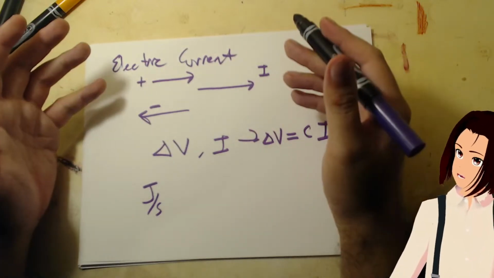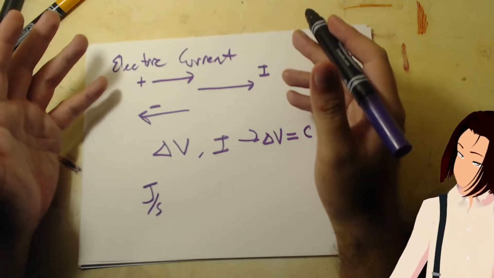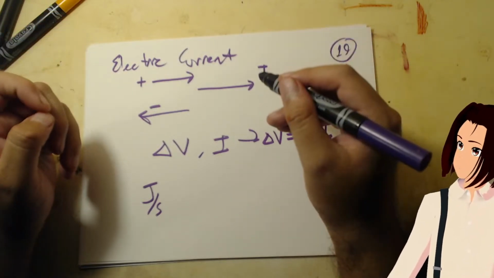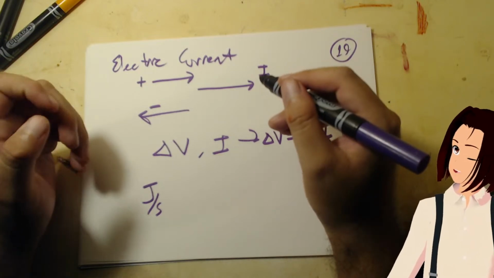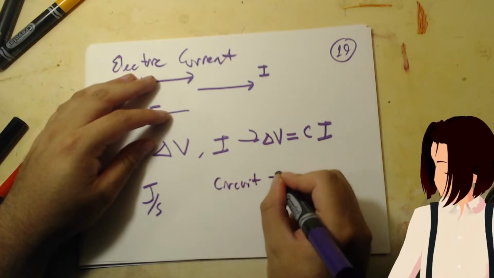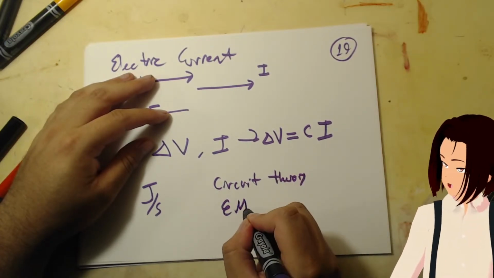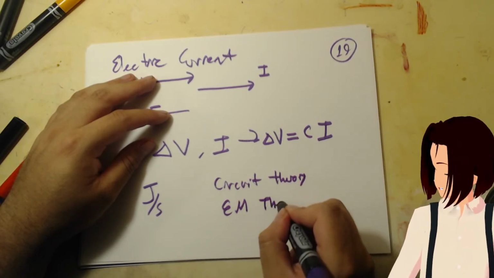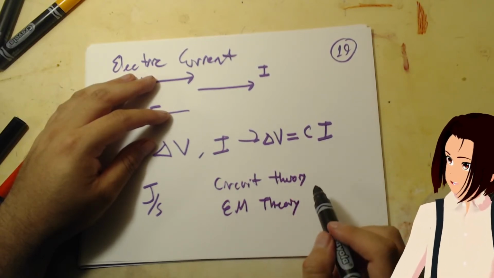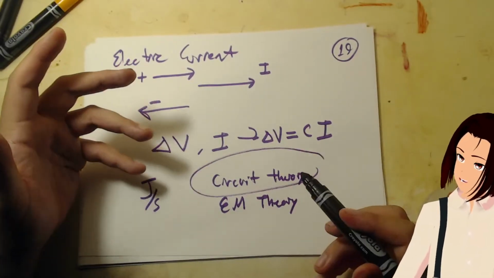But as you can see, that's annoying, and that introduces issues. We're trying to learn circuit theory, and we want to stay away from electromagnetic theory, because circuit theory is what we're trying to understand.